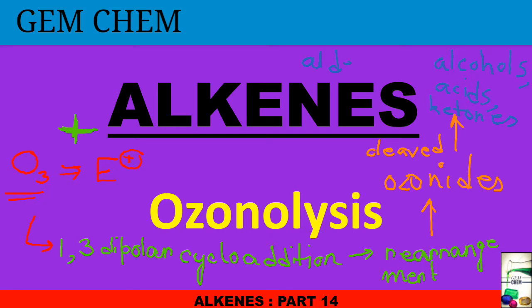So these are the products which can be obtained from ozonolysis. This particular cleavage step may be oxidative or reductive, and depending on that we will get the final products. So this is a summary of ozonolysis, and we will deal with each of the steps.